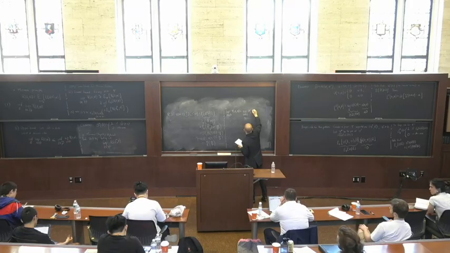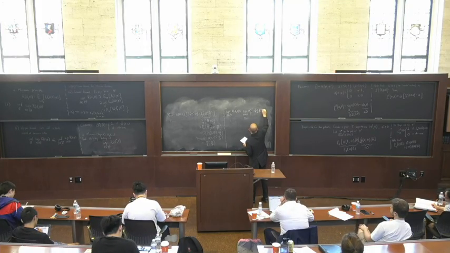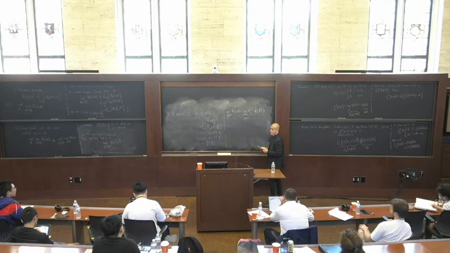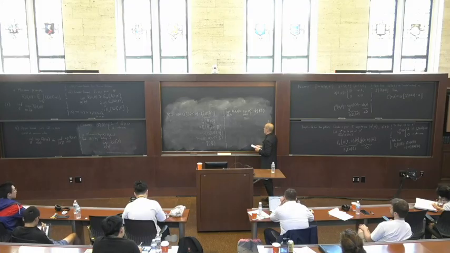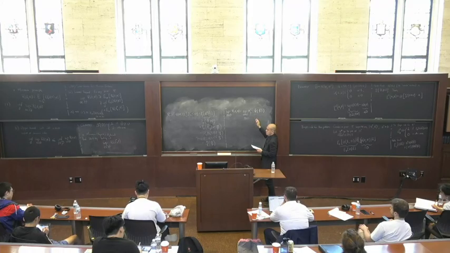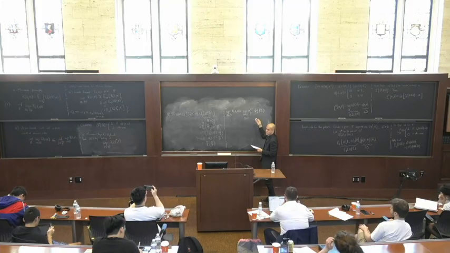So this is theta. And this is just an optimization problem that, you can show, has a unique solution. So there's a unique value of theta over which this is optimized.